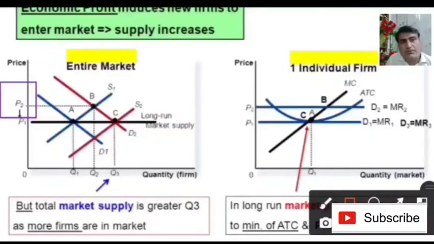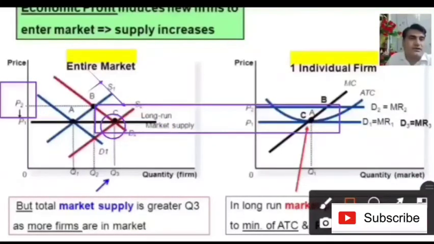Due to their abnormal profit, new firms enter the market. As a result, the supply curve shifts rightward, so the supply increases. Due to the increase in supply, the new price is settled through the demand and supply forces at this point. So all firms automatically restore to normal profit at this point.